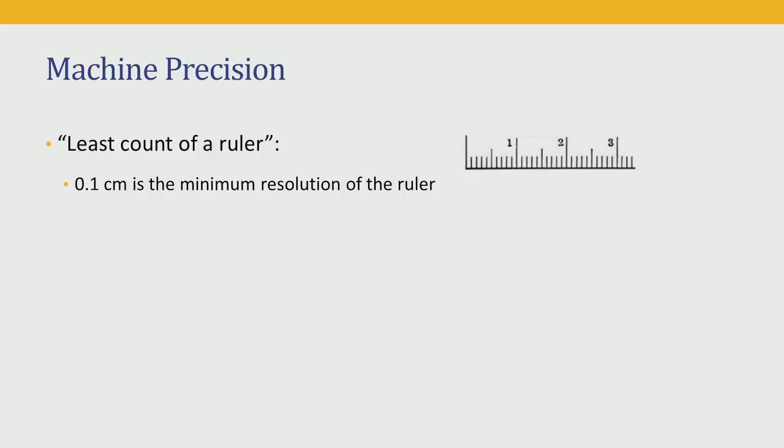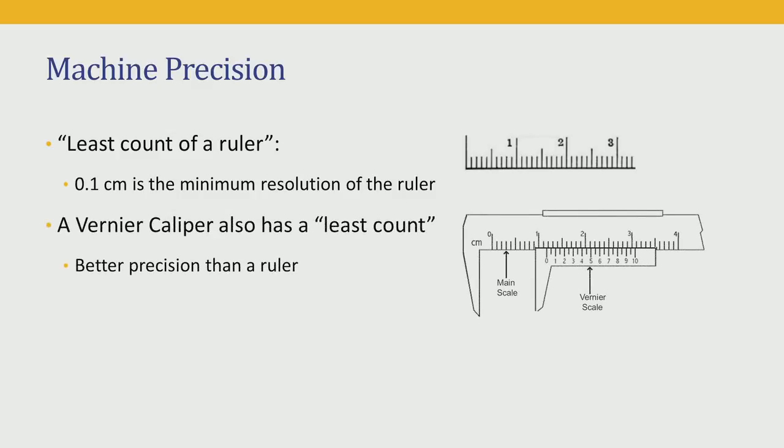So, let us consider a ruler that I have shown over here. The least count of this ruler is 1 millimeter or 0.1 centimeter. So, that is kind of the minimum resolution of that ruler. You cannot measure length that is less than 1 millimeter. Okay. If you want to measure length with a precision greater than 1 millimeter or a precision value of sub millimeter, we can for example use a vernier calipers.